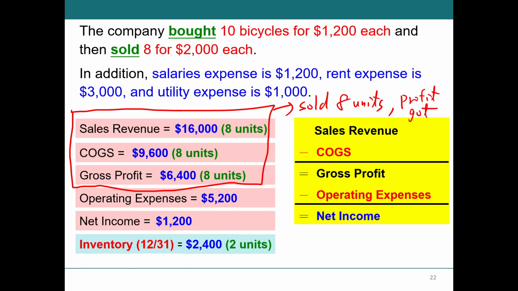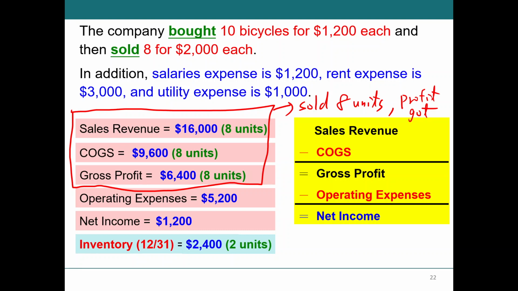Okay, so this is my final profit I got. So what does final profit mean? This is the true money you can put into your pocket and use to do everything you want, including what? Pay the dividends to shareholders. Including what? Use the money to operate your company in the future.